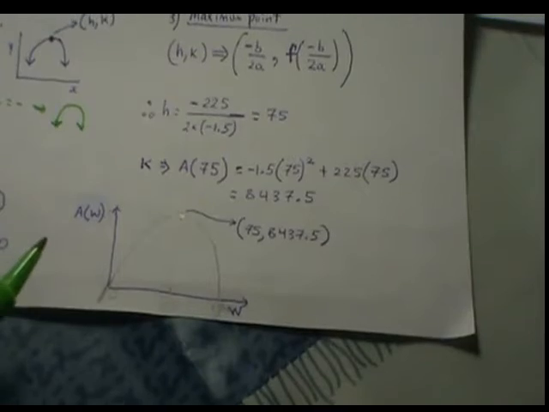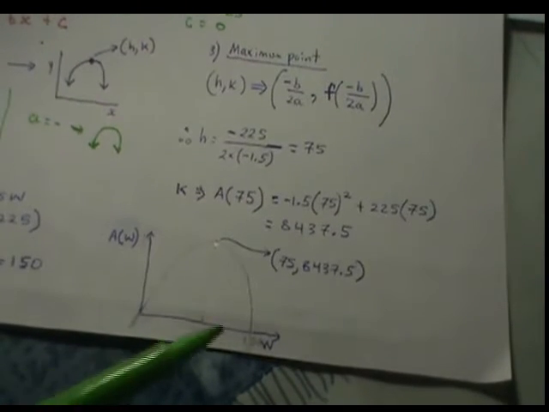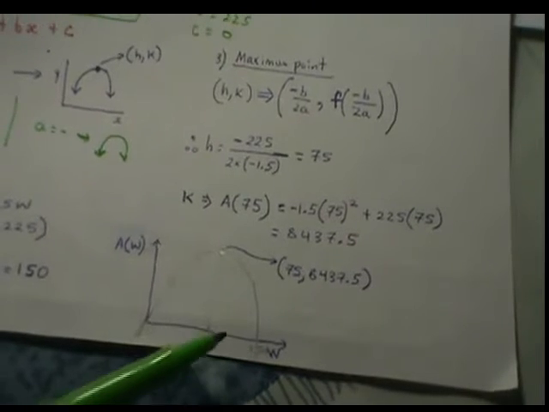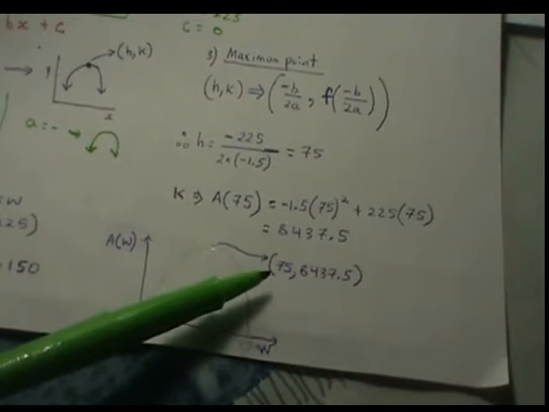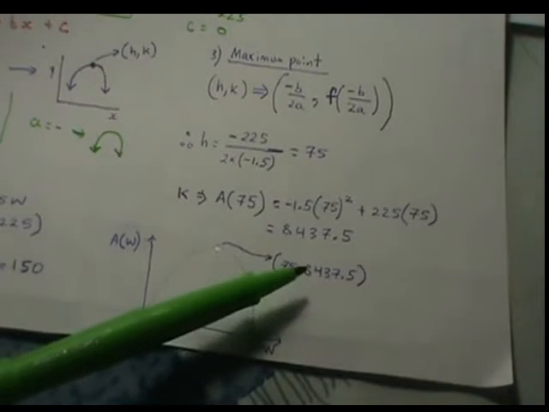So I just made a small parabola here, and basically we determined the two x-intercepts, which were 0 and 150, so I put those here, 0 and then 150, and then the maximum point is 75 and 8,437.5.